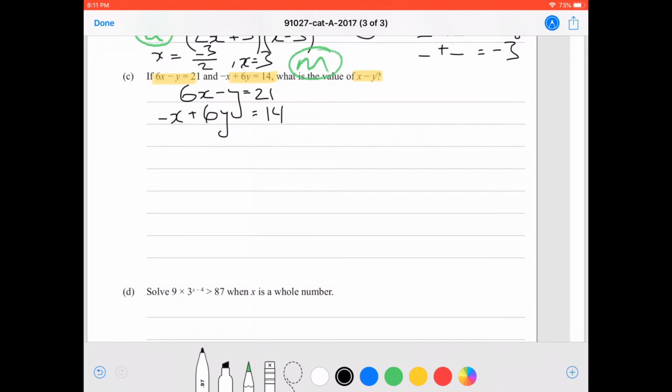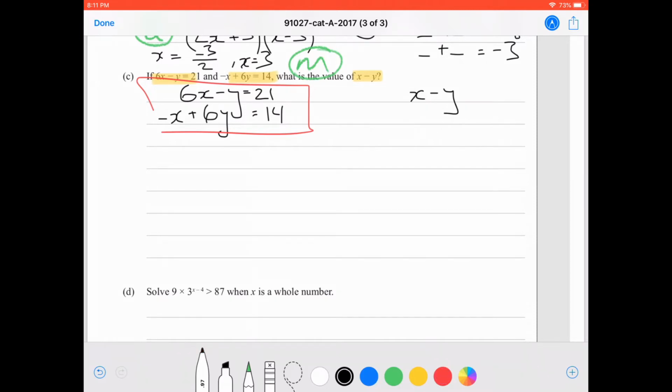And they've asked us what is the value of x minus y. Obviously we don't know what the variable x is and we don't know what y is. So we have to use these two equations and perform simultaneous equations, solve our variables, and then we can do x minus y.